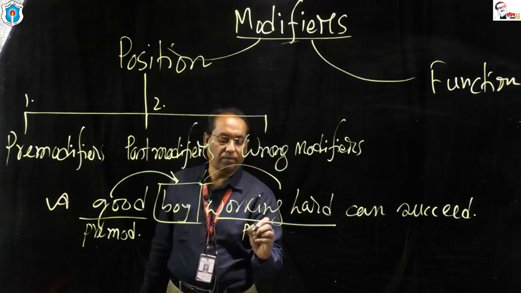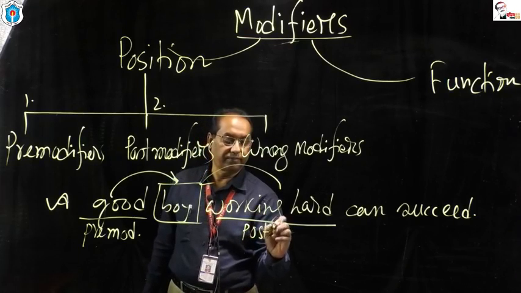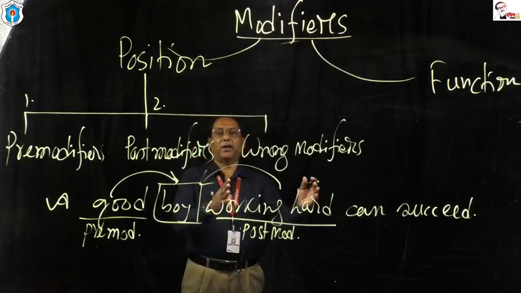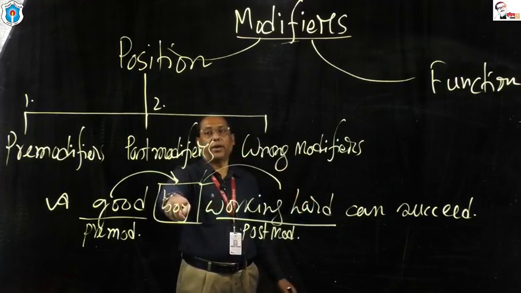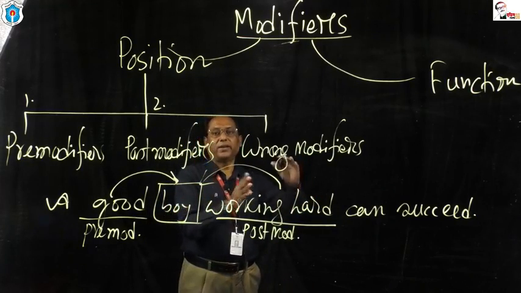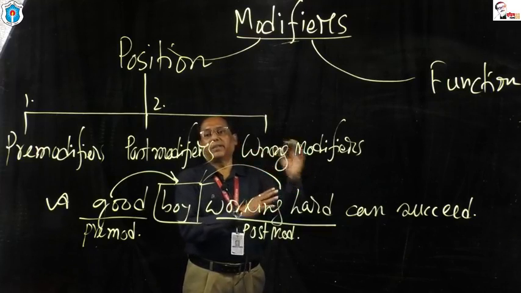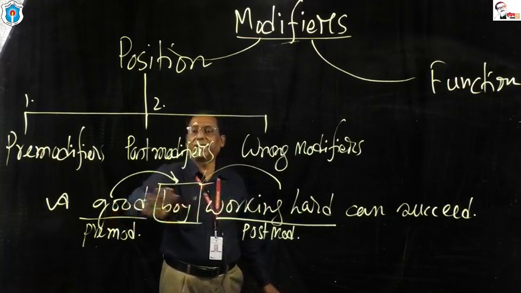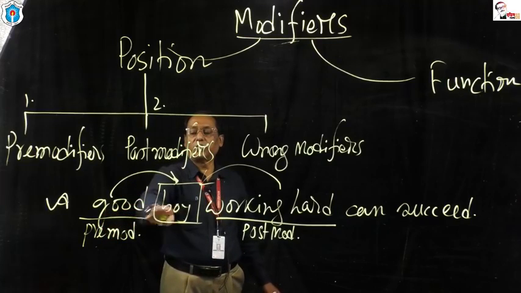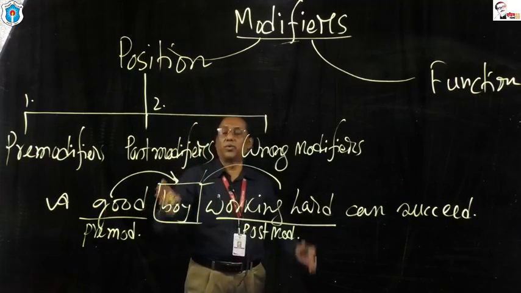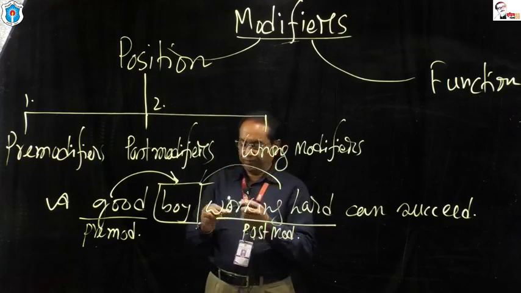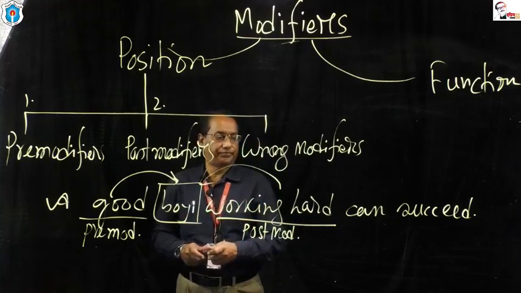So it is post modifier. Working hard means the boy. So working hard is another modifier used after the head word. On the contrary, good is another modifier which is used before the head word. So good is the pre-modifier and working hard is the post modifier.